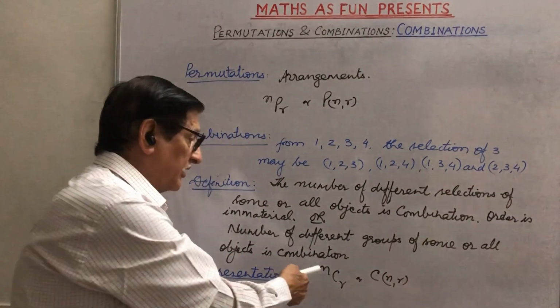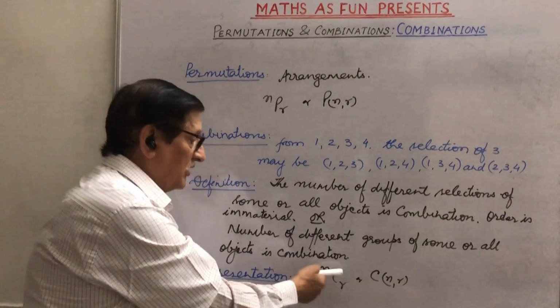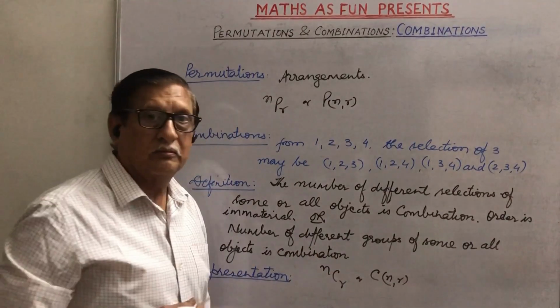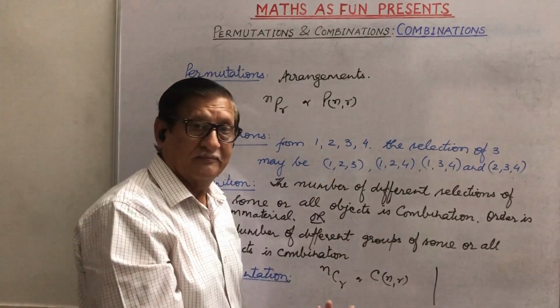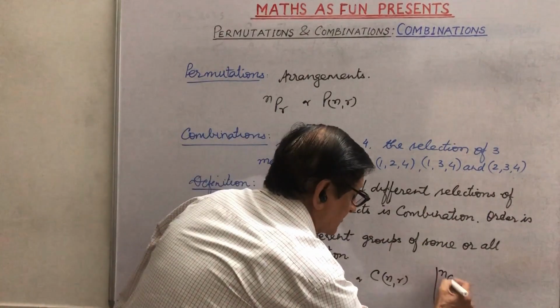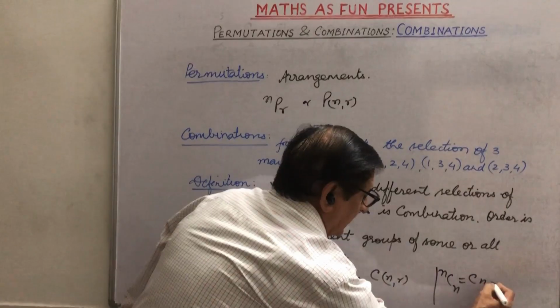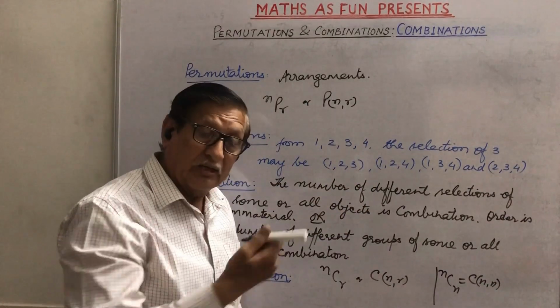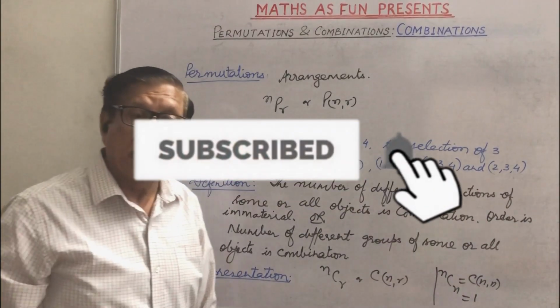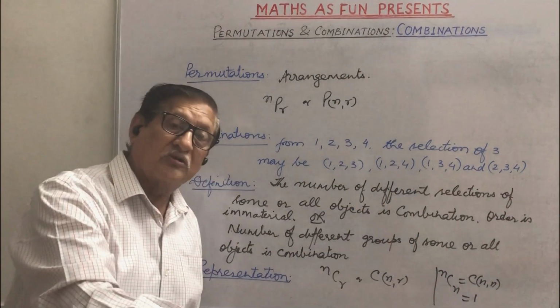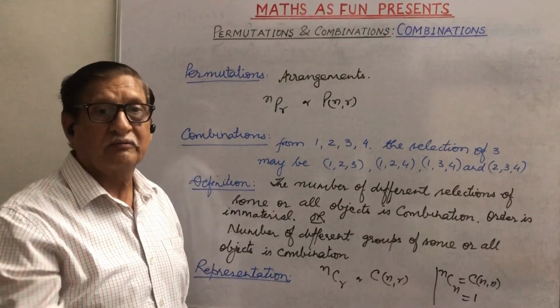Here we have to mind one thing, that r is always less than or equal to n. Because if we want to select all objects, then that will be nCn, and you can very well understand it will always be equal to 1, because when we want to select all the objects, there is only one way.